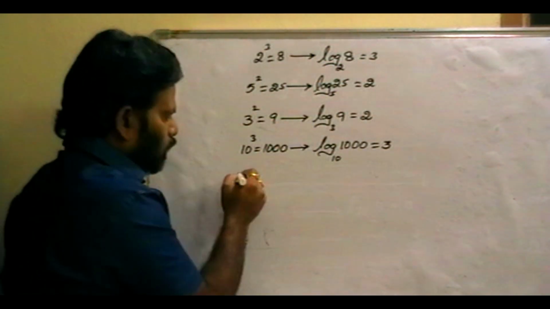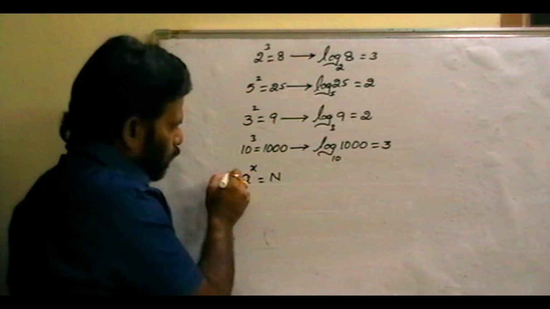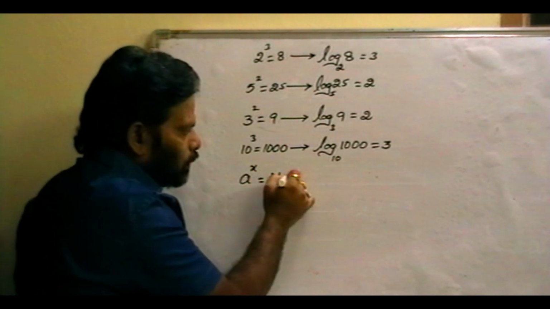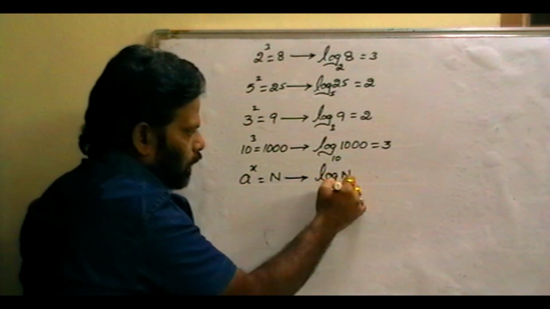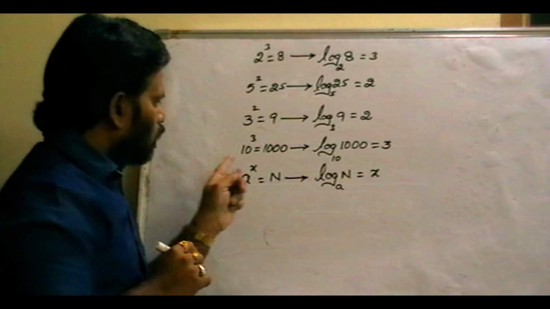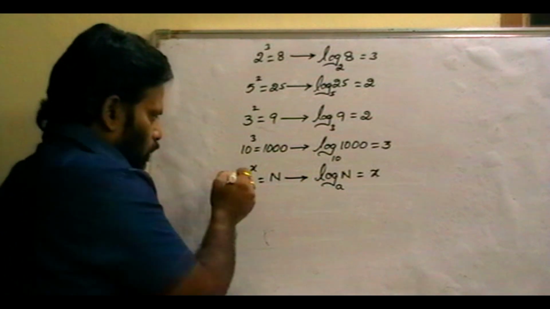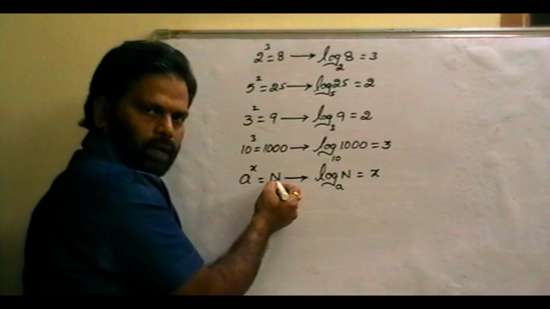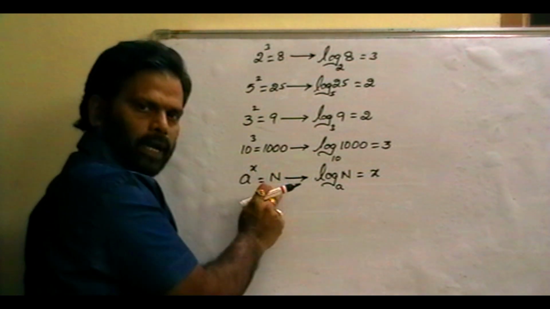For example, a to the power of x is equal to n. If a to the power of x is equal to n, that implies log n to the base a is equal to x. That means here the value of power: a to the power of x is equal to n. For what value of x to the base a will we get the value of n?